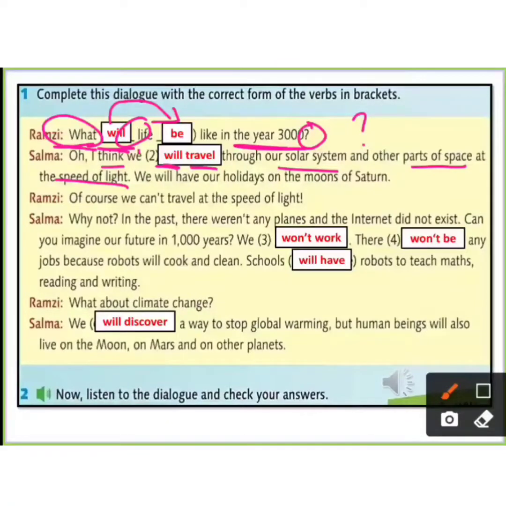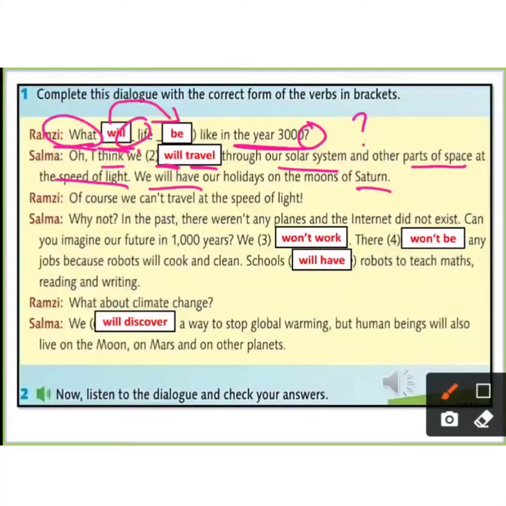So she thinks that we will travel at the speed of light. So this means that yes, very fast. We will then also have our holidays on the moons of Saturn. So Saturn is a name of what? Yes, it is a name of a planet, Saturn, okay?